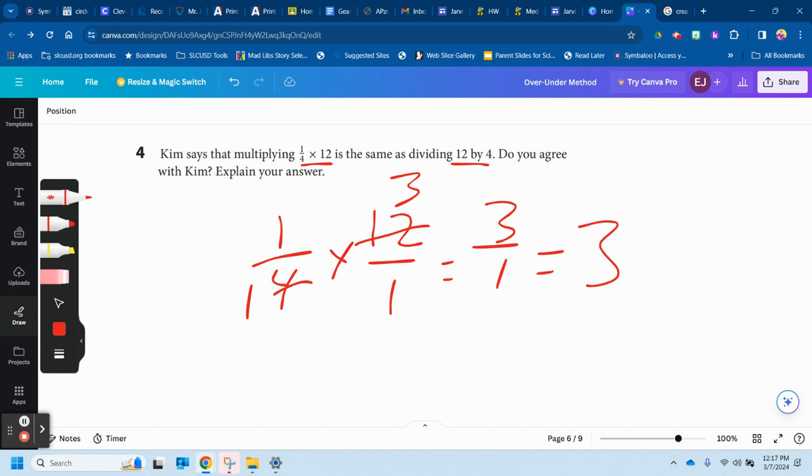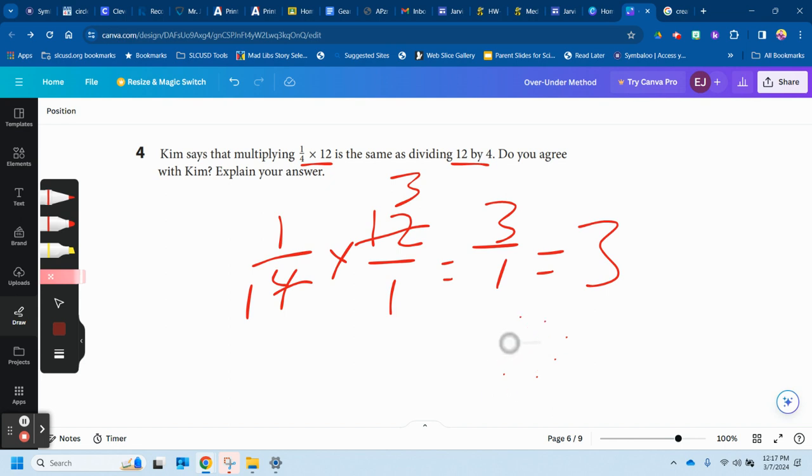If I have a pizza cut into 12 pieces, 1/4 of it really is the same as dividing. 1, 2, 3, 4, 5, 6. That's not enough, but you get the idea.